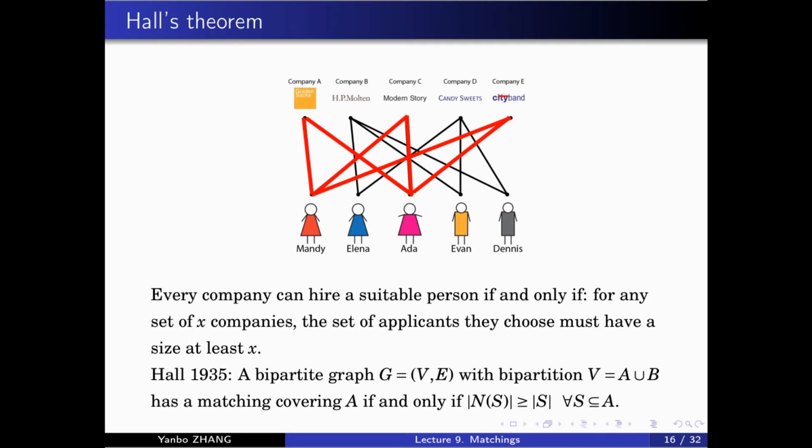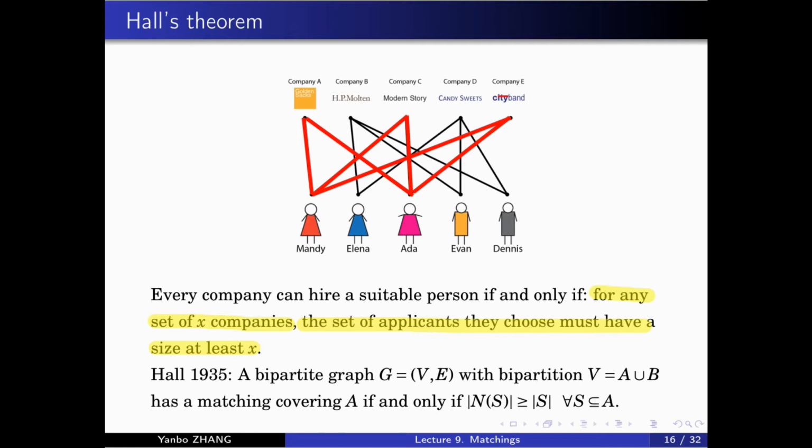From the example, we see that a necessary condition for every company to hire a suitable person is that for any set of X companies, the set of applicants they choose must have a size at least X. We can prove that this necessary condition is also sufficient. This was shown by Hall in 1935.